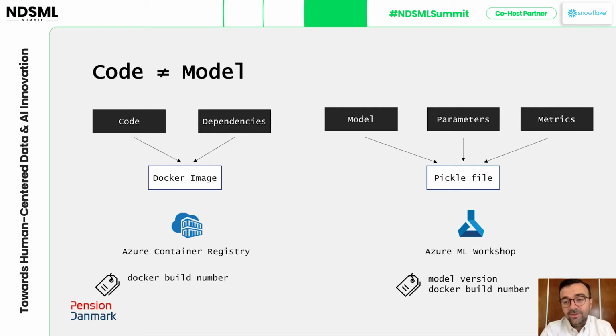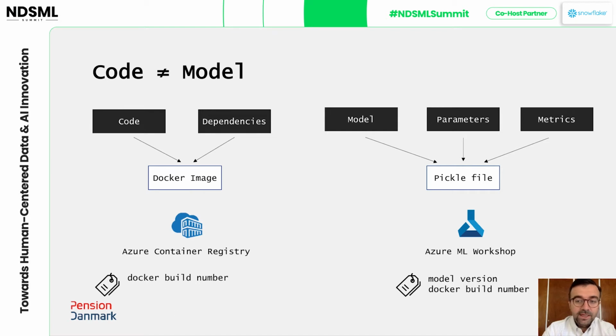Now, we still need to link our code with our models, because these models were built from a specific code base. So new models might not work with an old code base and so on.